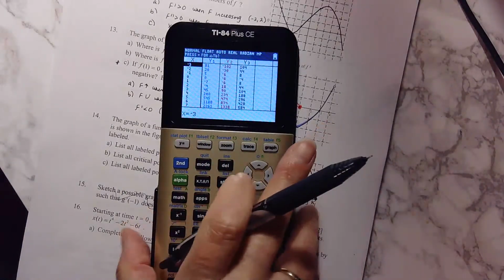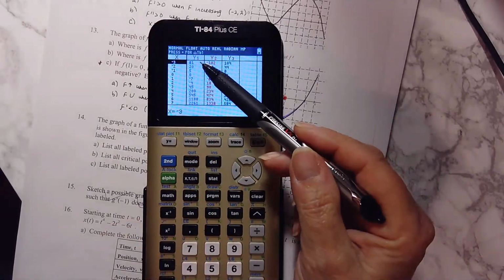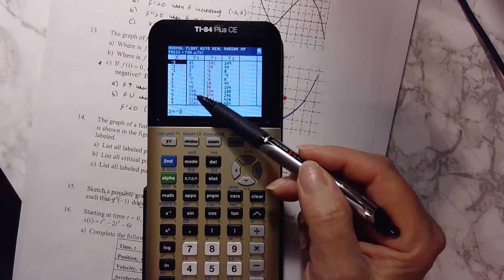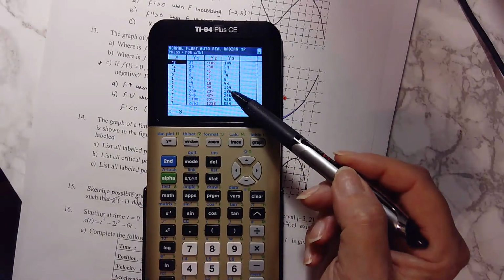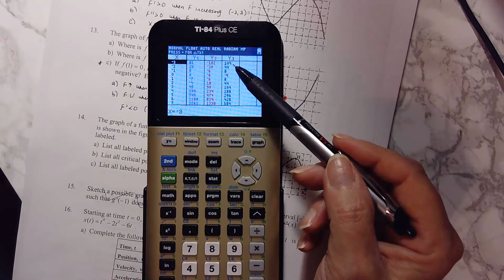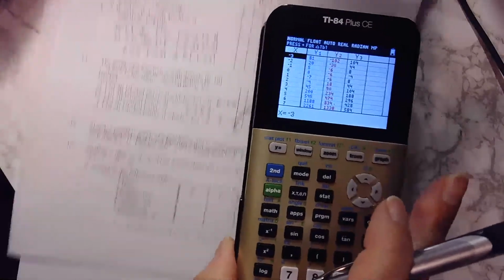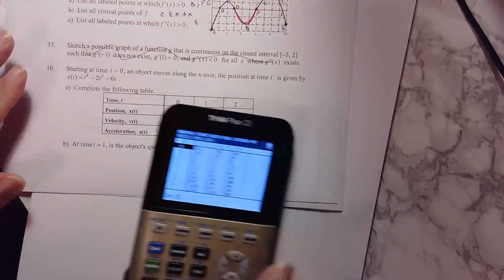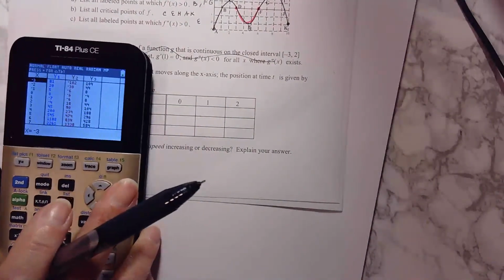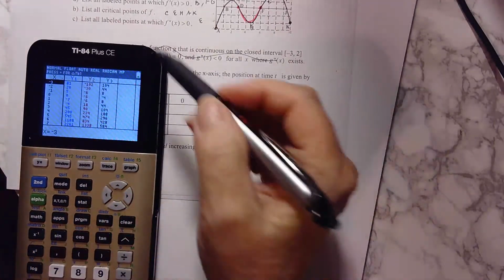Okay, and remember that the first function in y1 was the position function. Y2 was the first derivative, and y3 was the second derivative. So at the values in question, which are namely 0, 1, and 2 from the table, let's fill in the table.